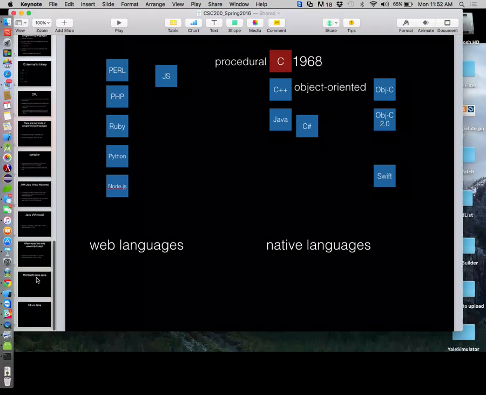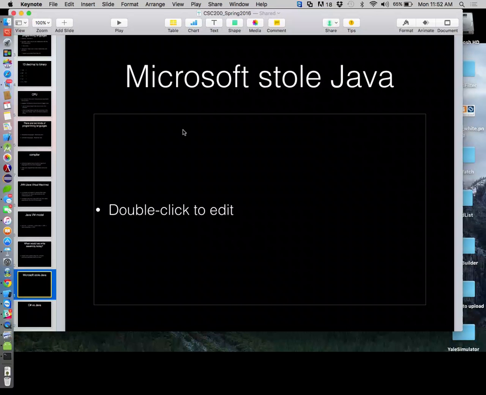So back to this, Microsoft stole Java. This is what Microsoft does, and it's fine. All the big companies try to get away with whatever they can. Our laws allow big companies to steal something from young guys. I probably used the example last time: if you're an 18-year-old and you wrote a piece of software in your underwear in grandma's basement, and Microsoft steals the software from you, and then you sue them, and they settle with you outside of court and give you $10 million for your software, you're pretty happy, right?